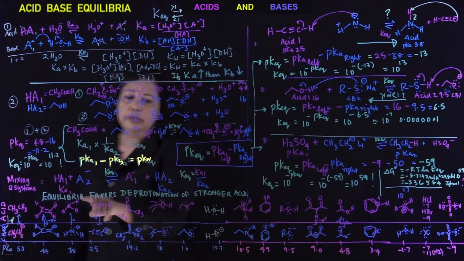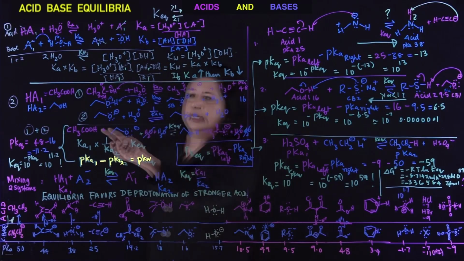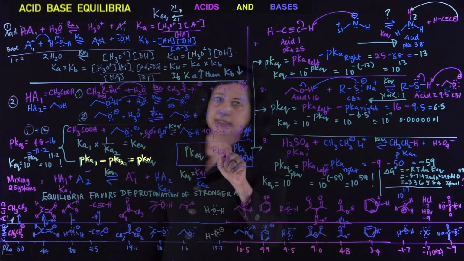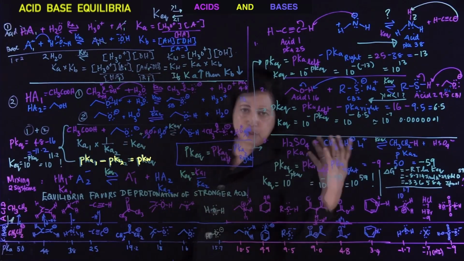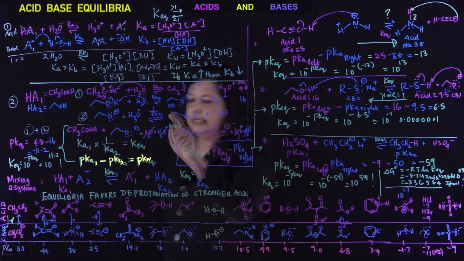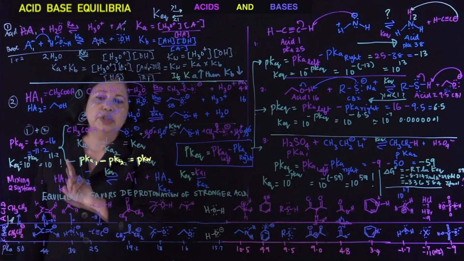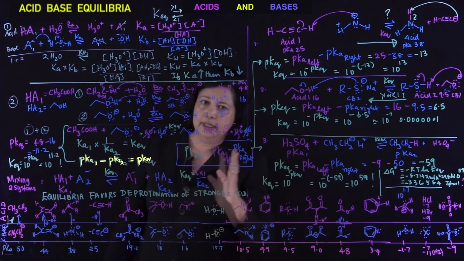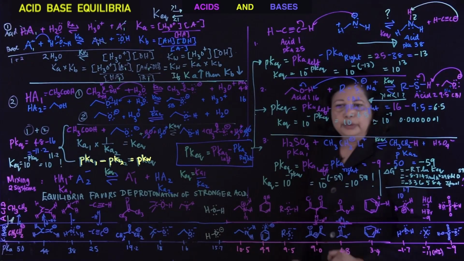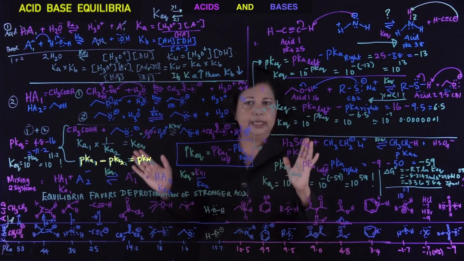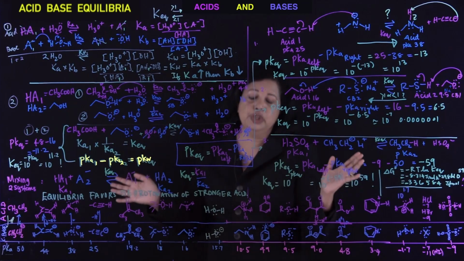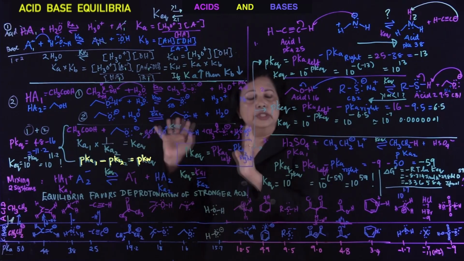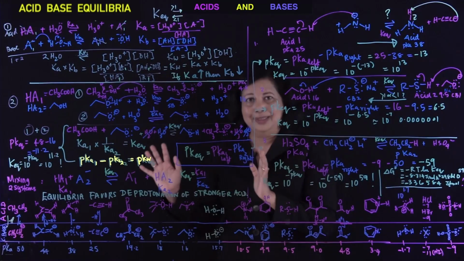And so the equilibria favors deprotonation of the stronger acid. The weaker acid would have a conjugate base which would be stronger. So the stronger base would deprotonate the stronger acid, and that's where the equilibrium will lie. So anytime you're given Ka values, you can always predict what direction the reaction is going to take, whether it's going to go forward or reverse.